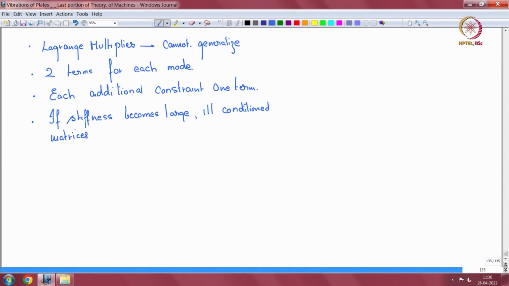Also, if you have a large number of terms, that means your f of x has many terms in it, g_i phi_i, let us say, where g_i is the constant.